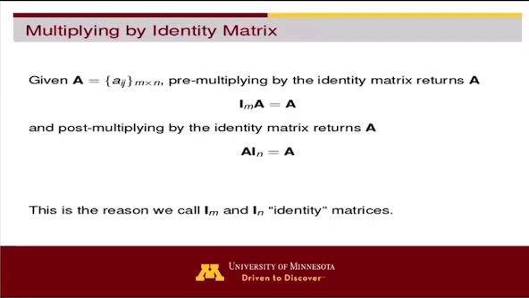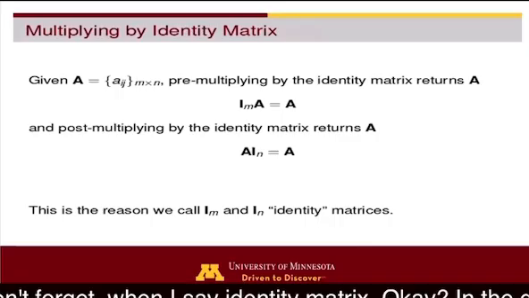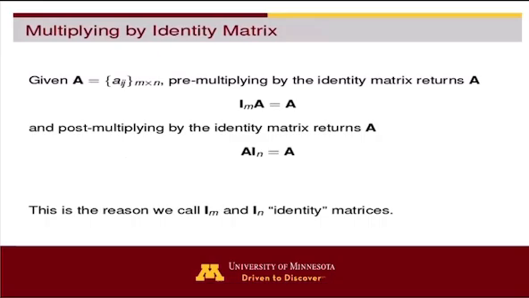We can also have a situation where we are multiplying by an identity matrix. Don't forget, when I say identity matrix, in the diagonal elements we're going to have 1, 1, 1, 1, but the off-diagonal is going to be 0. An identity matrix, to me, is more or less looking like 1.